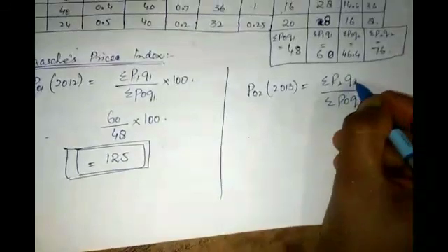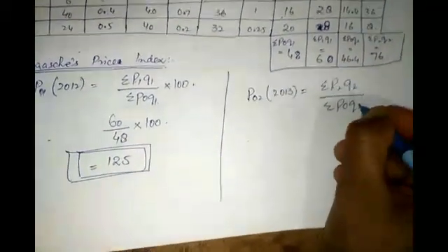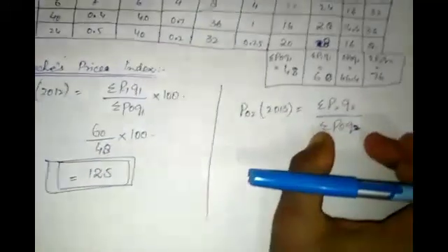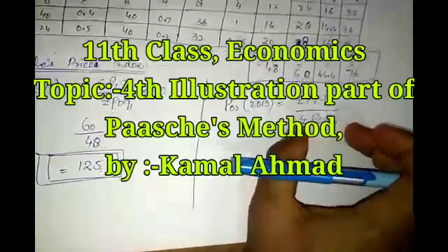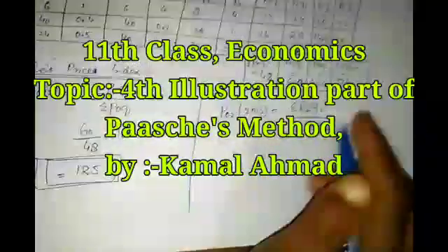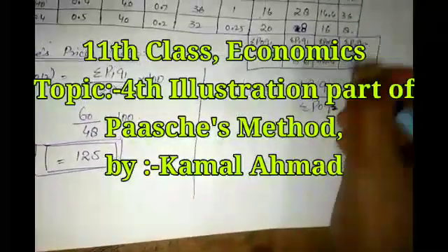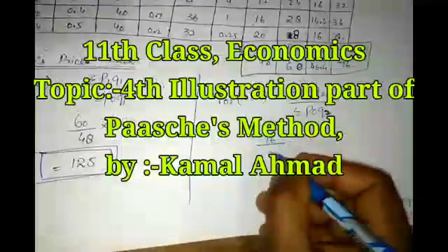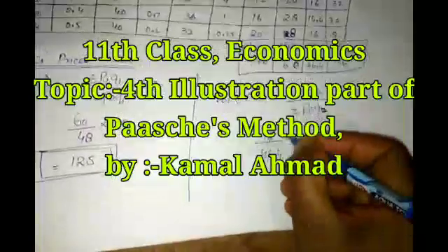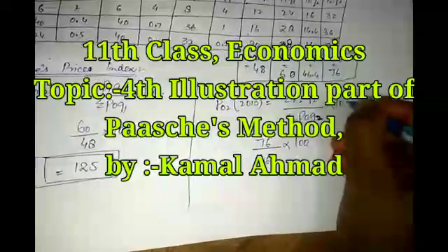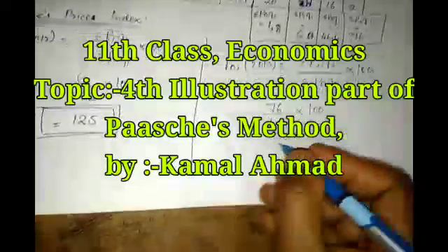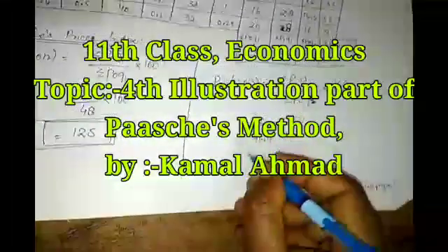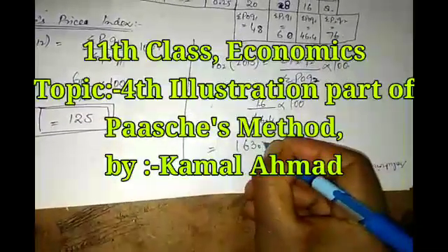Here it is P2Q2, P0Q2. So where there is one value, in the second P02 there must be value two. Now P2Q2 is equal to 76 divided by P0Q2, which is equal to 46.4, into 100. Oh, sorry, I forgot to write 100 here. When we multiply 76 into 100 and divide it by 46.4, it becomes 163.79.